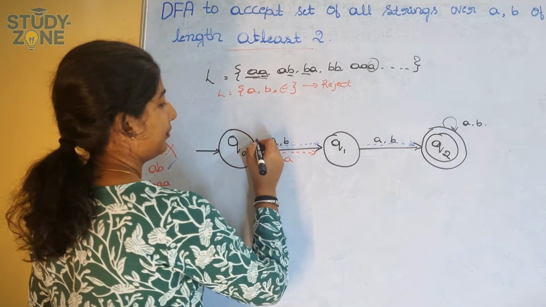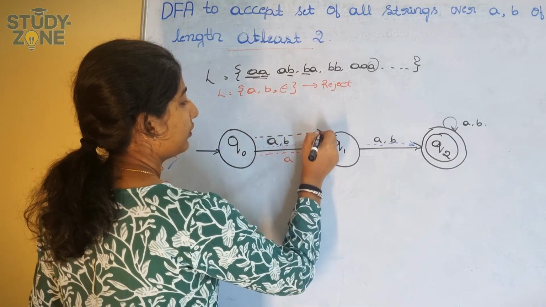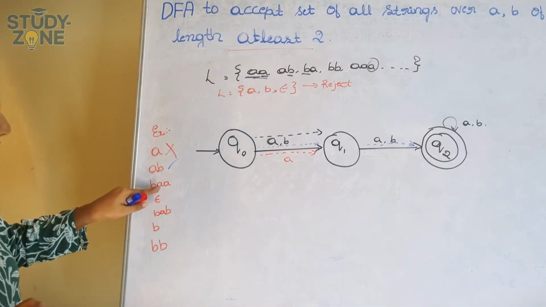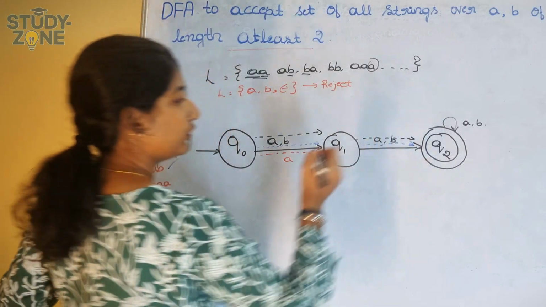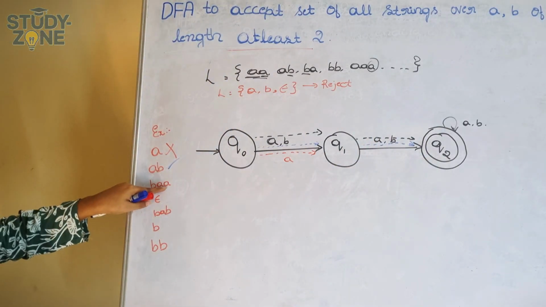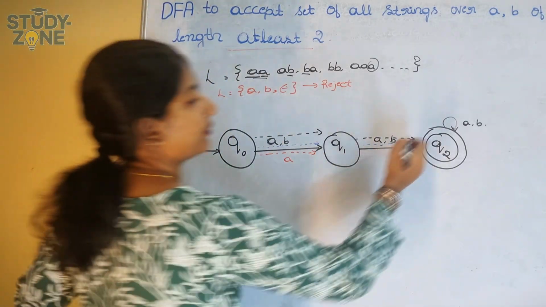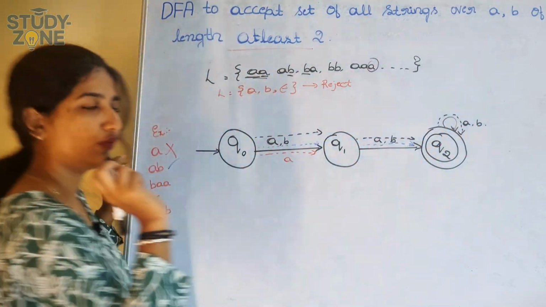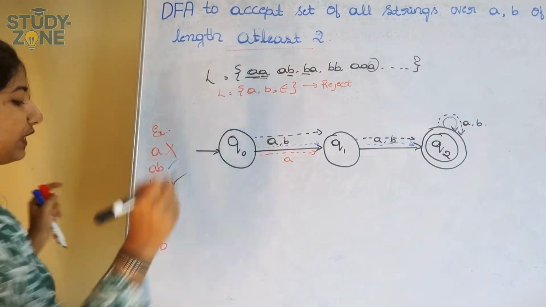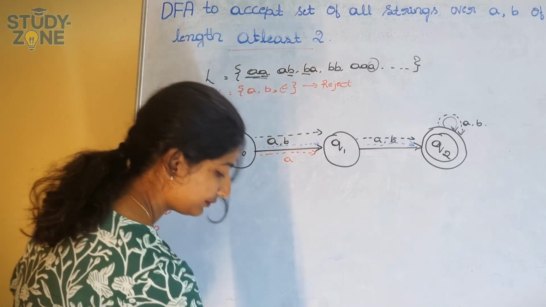Q0 on B moving to Q1, and then I have A, Q1 on A moving to Q2, and then again I have A, no problem. I will be there in this state only by self looping. So this one is also getting accepted.